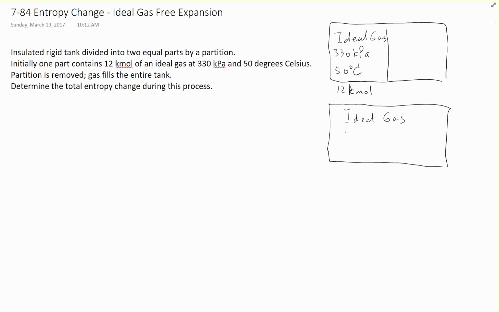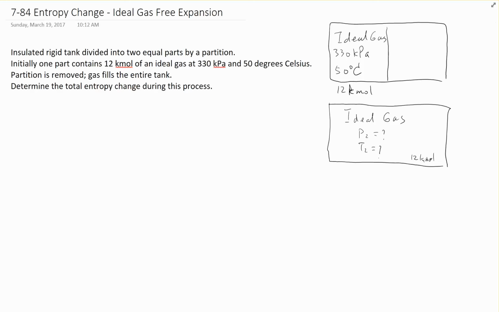We don't know what the pressure is, so P2 is unknown, T2 is unknown, and we certainly know that the conservation of mass principle should be followed. Let me correct this, it's 12 kilomoles. Okay, conservation of mass applies.